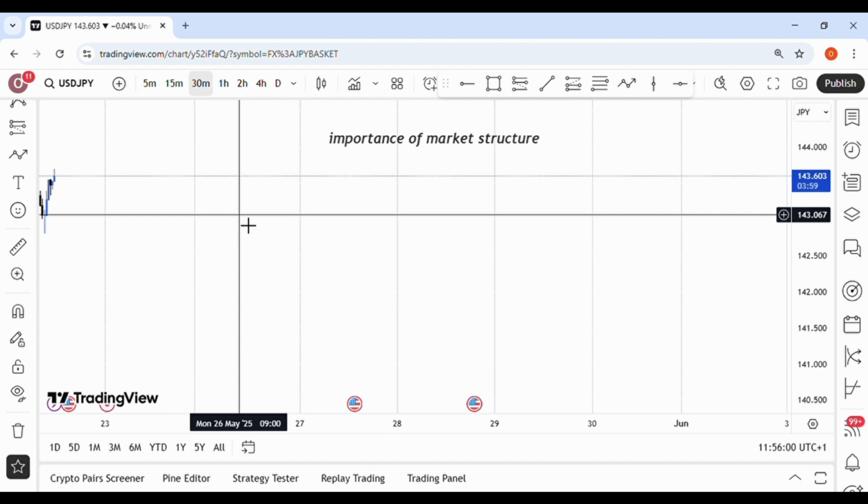So okay guys, let's talk about the important points on how to mark out your break of structure. In identifying any structure, you use the highest wick in an uptrend or the lowest wick in a downtrend, something like this.